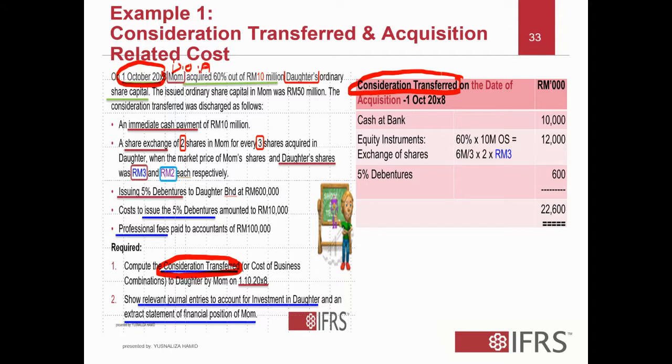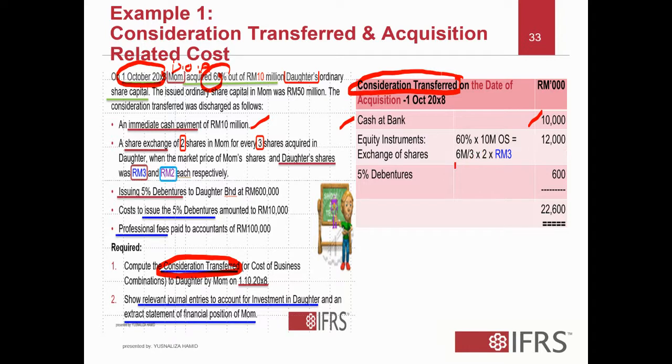So this is the date of acquisition. You have a cash payment of 10 million, right? So that has been included here. And then there was a share exchange where you acquire 60% and you are going to issue shares of 2 for every 3.